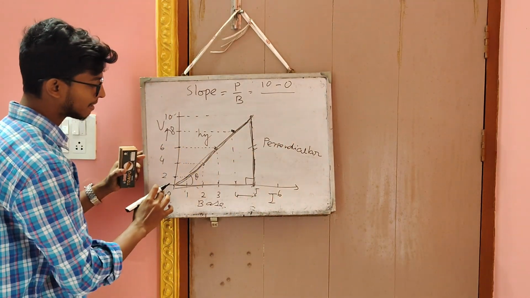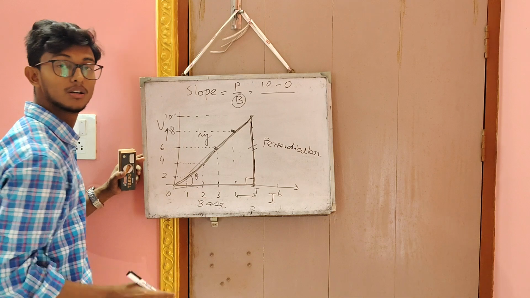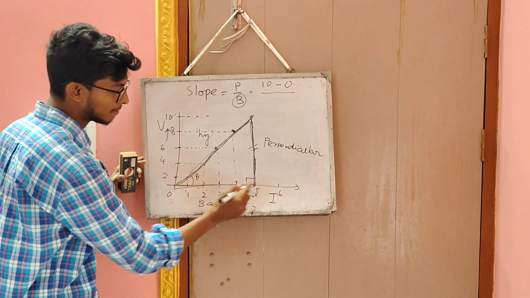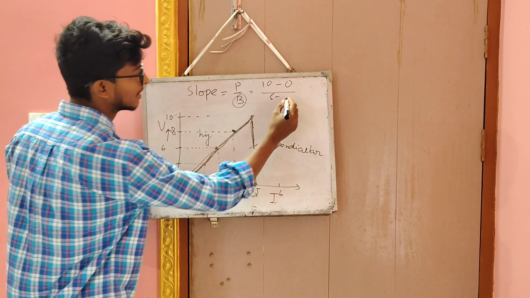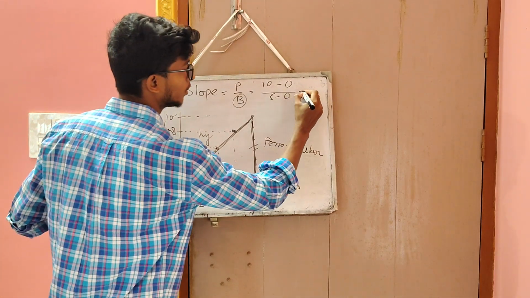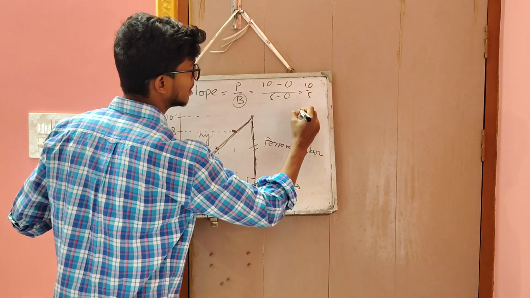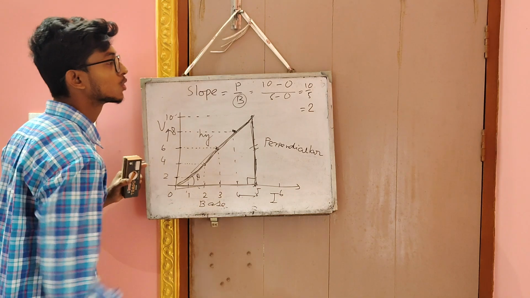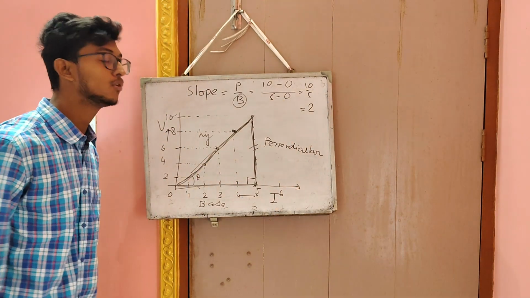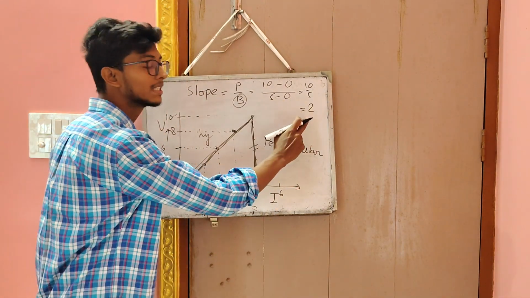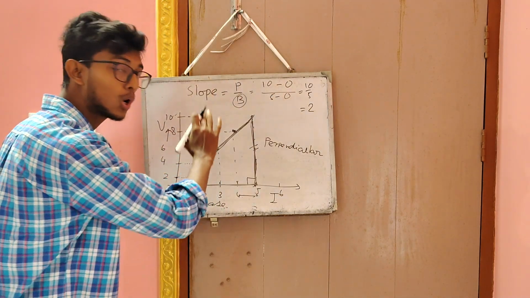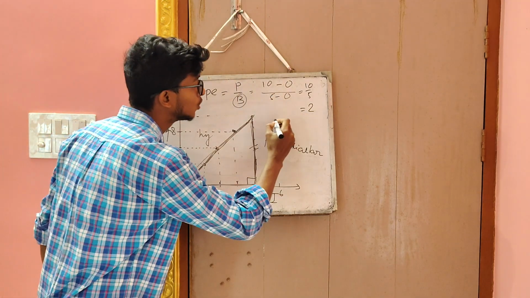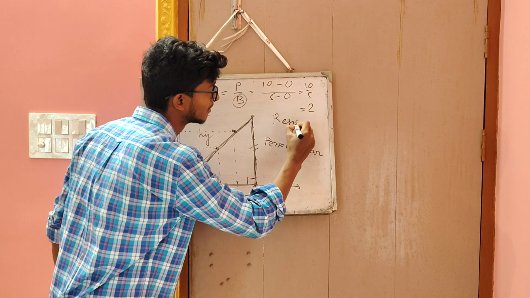And B is called base. Maximum value of B is 5 minus 0. So we get 10 by 5 is equal to 2. So what is the value of 2? 2 is the resistance of the conductor. So we get the resistance from the slope of the VI graph.